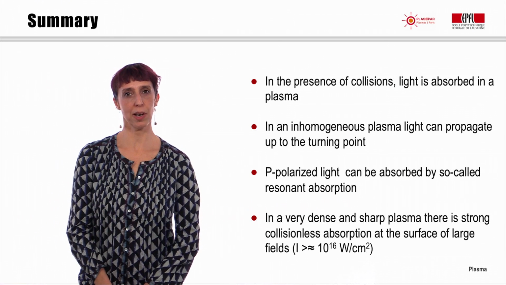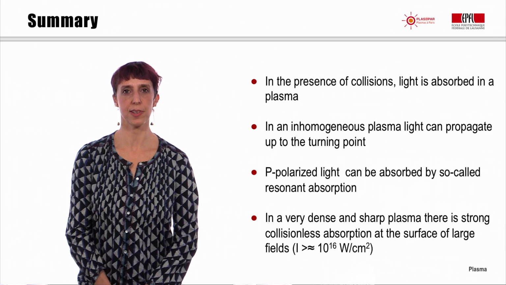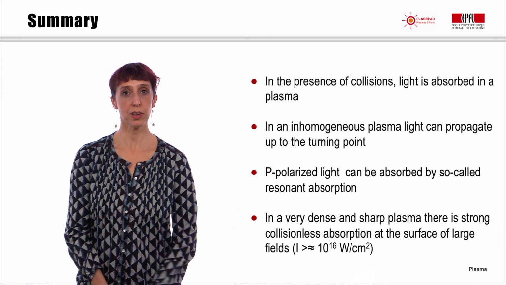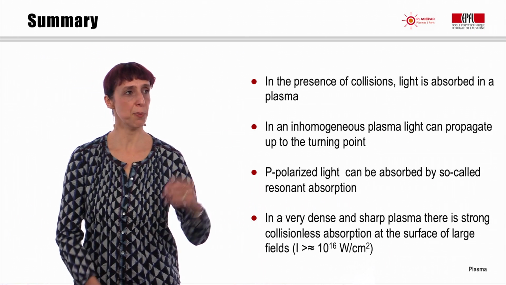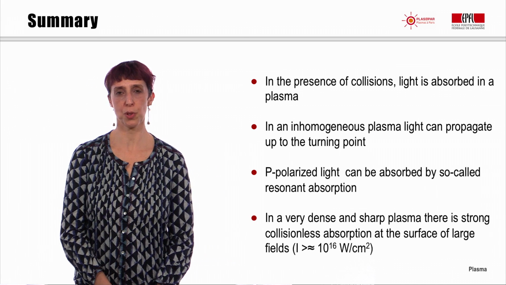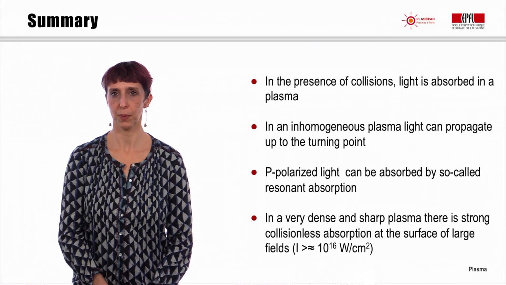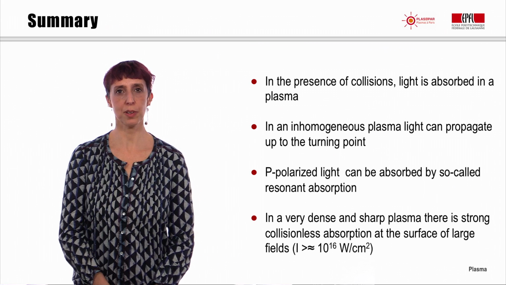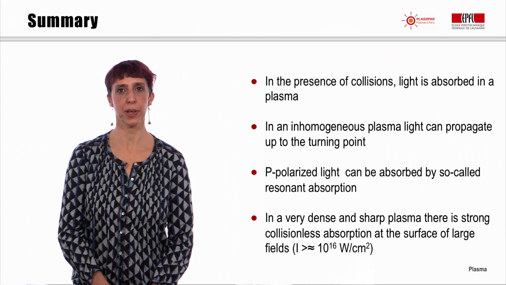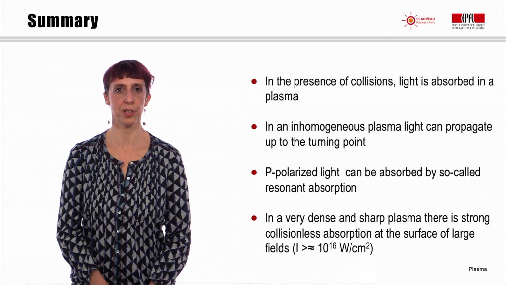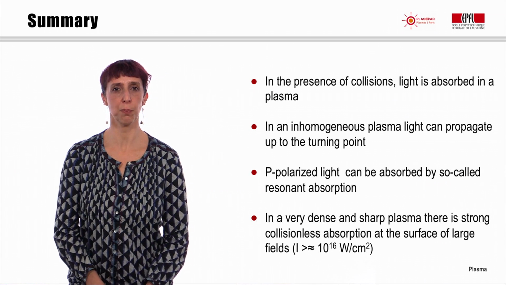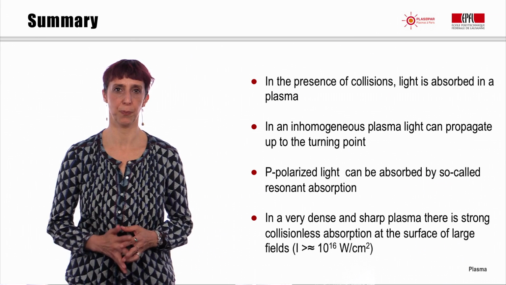We can now summarize what we have learned in today's lecture. First of all, in the presence of collisions, a propagating light wave is absorbed and heats the plasma. We have then examined different situations of light propagation in an inhomogeneous plasma, and we have seen that if the density increases, light can propagate up to the turning point.